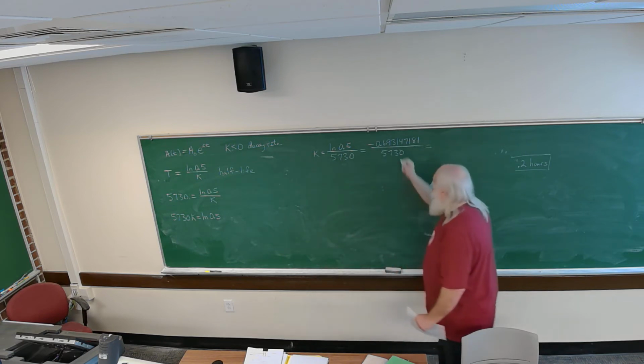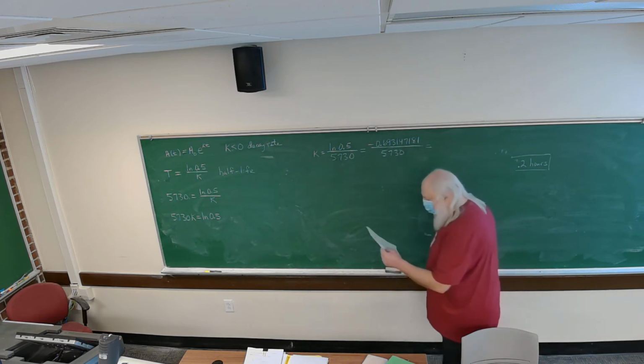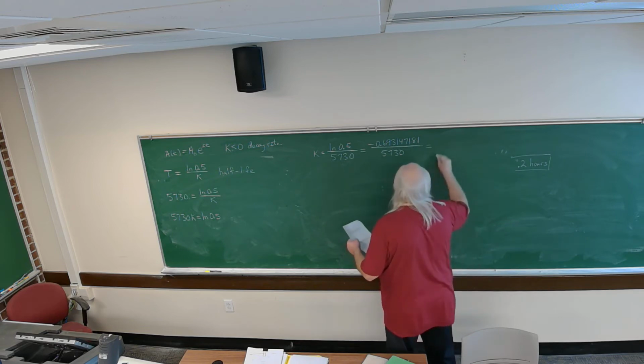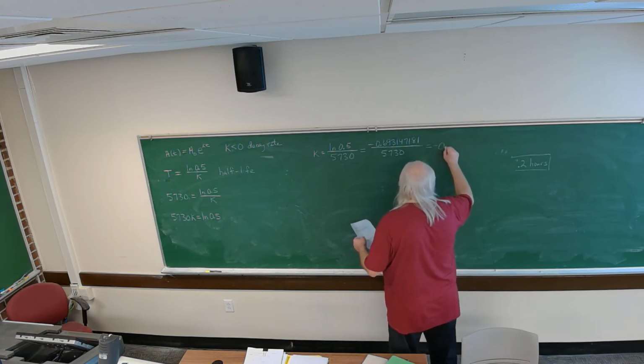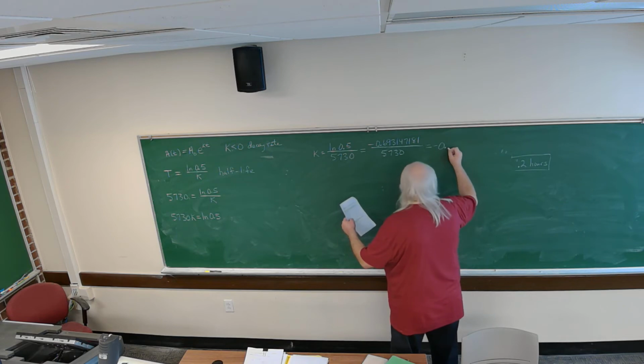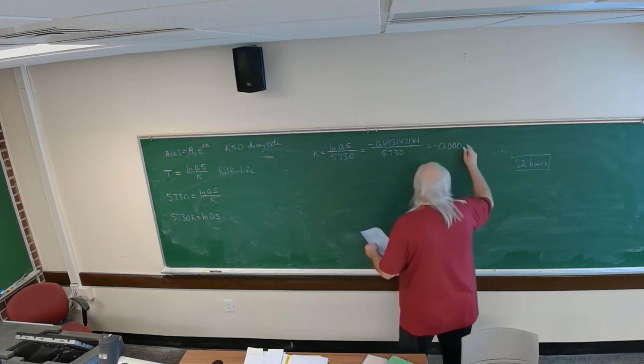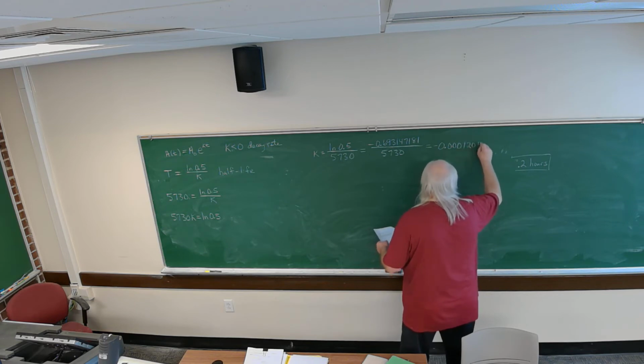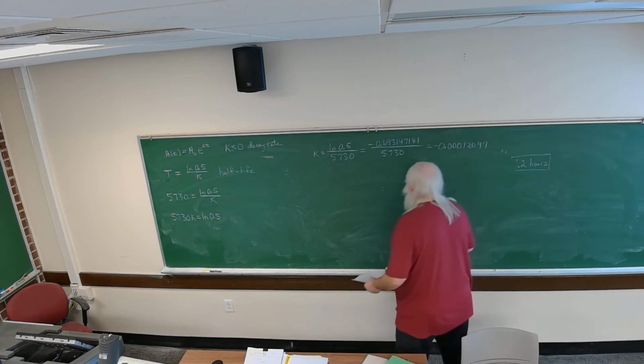And now when you divide the numerator by the denominator, this is one problem where you've got to write out the decay rate to several decimal places. I get minus 0.000012097.